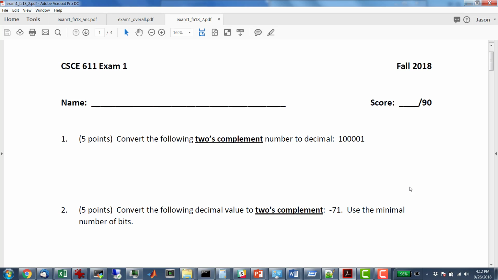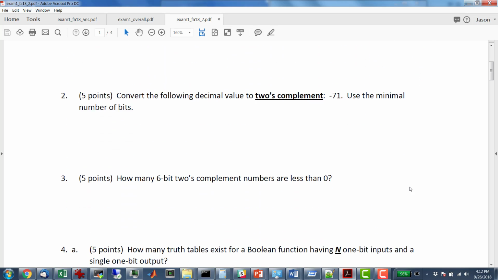So this number 71 is a 7-bit number if it's unsigned, but as a 2's complement, it has to be an 8-bit number, because 8 bits gets us from negative 128 to positive 127. Okay, any questions? All right, next question.